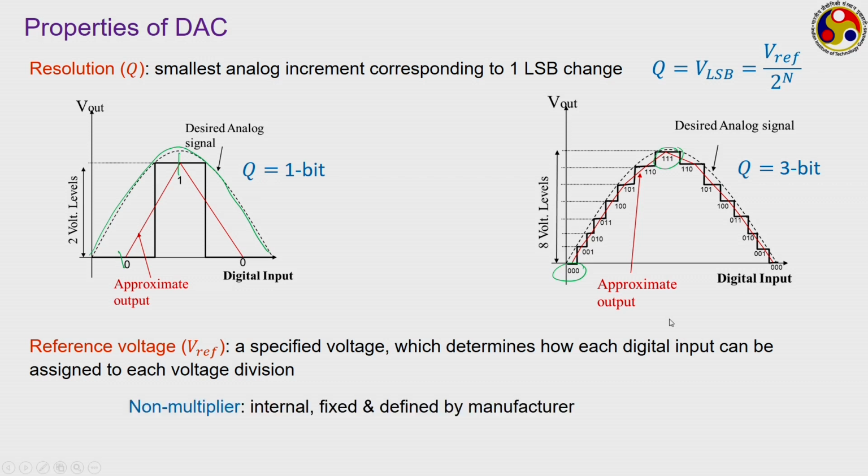And reference voltage can be of two types. One is the non-multiplier type, which is internal to the device, set by the manufacturer itself, and the user is not able to change it. The other is the multiplier type, where the user can set the reference voltage by using some external voltage source, and therefore it can be made variable, which is not possible in the non-multiplier type.